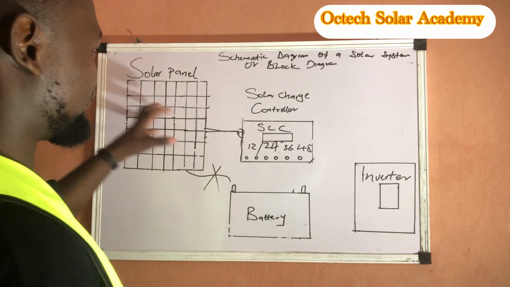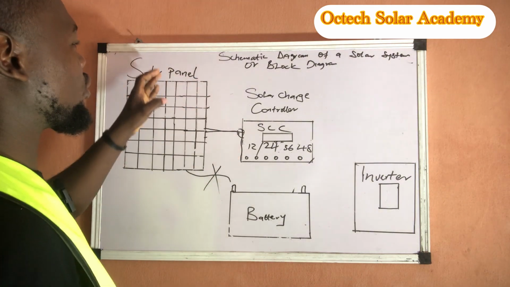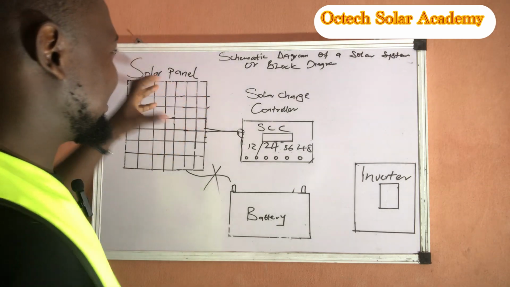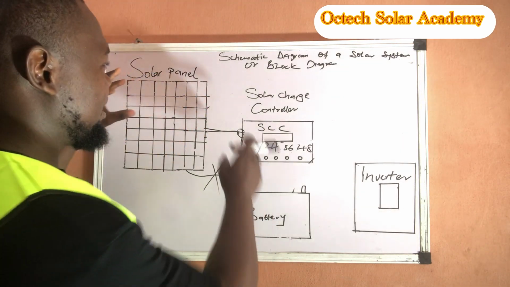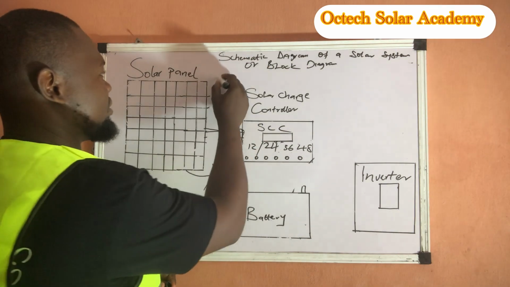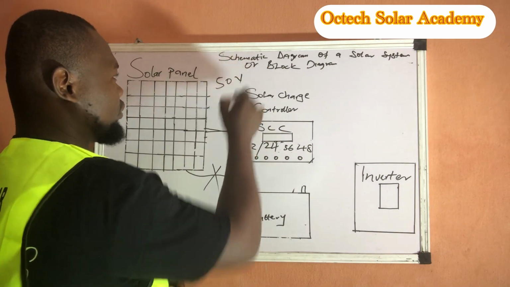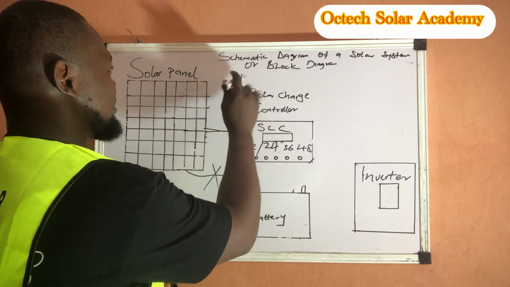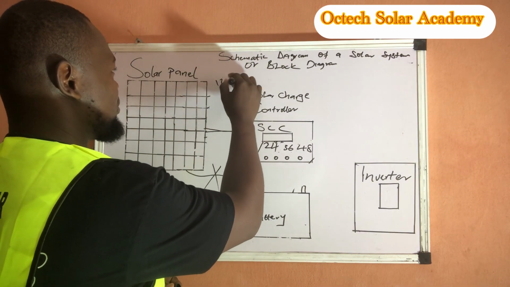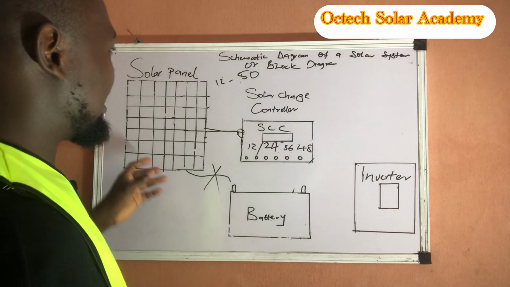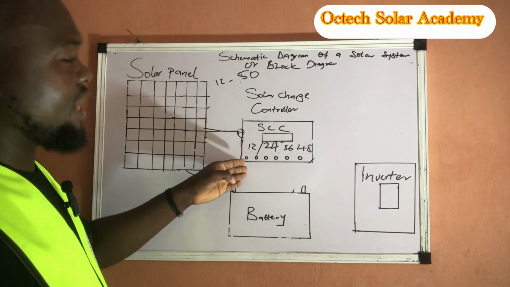Now, what is the work of this charge controller? It synchronizes the energy that is generated, because they have their reference voltage. Let's assume this solar panel is rated at 50 volts, or this voltage is within maybe 12 to 50 volts.